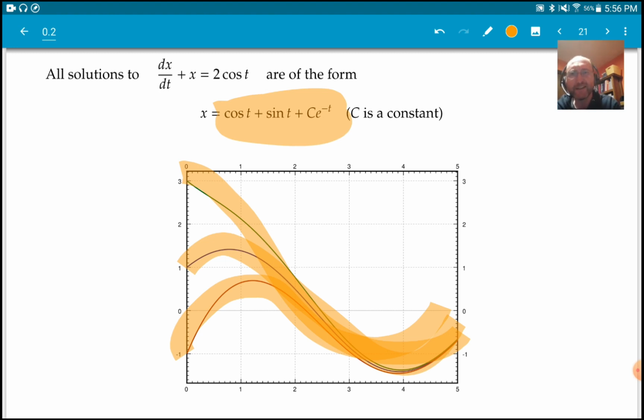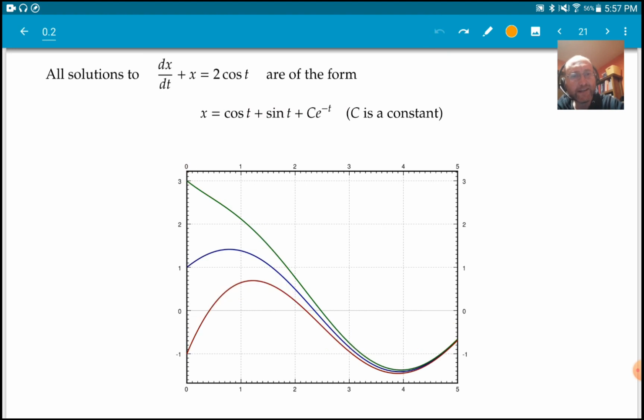These are for certain particular constants c, and what's happening here is that the e to the minus t is decaying really fast. So you're really getting close to this thing, and you can see that on the graph. So you're getting lots of different solutions. If you find, in this case, all the solutions, it's what is going to be called the general solution.